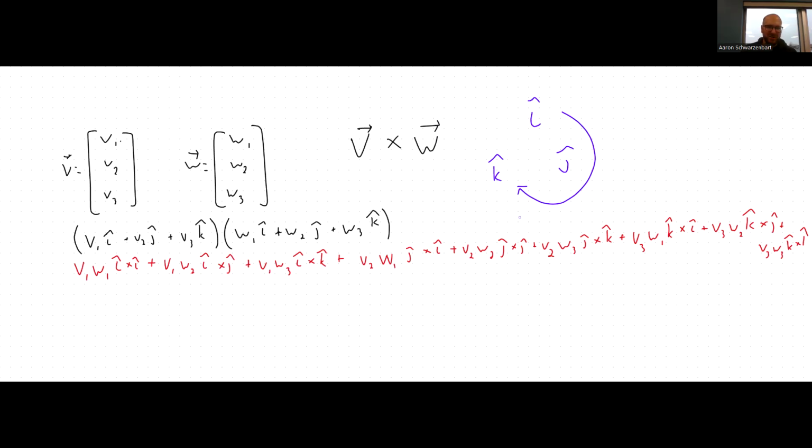So it's all about which way I'm rotating. And the beautiful thing here, i cross i cancels out. j cross j goes away, and k cross k completely cancels out.